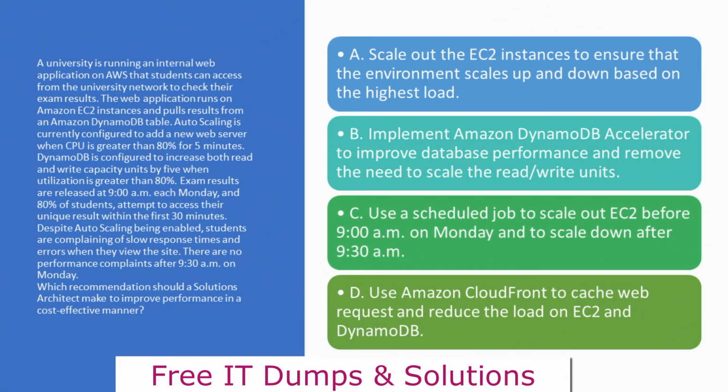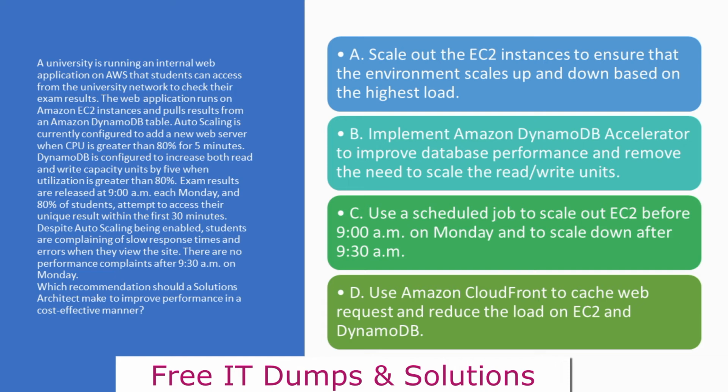A university is running an internal web application on AWS that students can access from the university network to check their exam results. The web application runs on Amazon EC2 instances and pulls results from an Amazon DynamoDB table. Auto-scaling is currently configured to add a new web server when CPU is greater than 80% for 5 minutes. DynamoDB is configured to increase both read and write capacity units by 5 when utilization is greater than 80%.